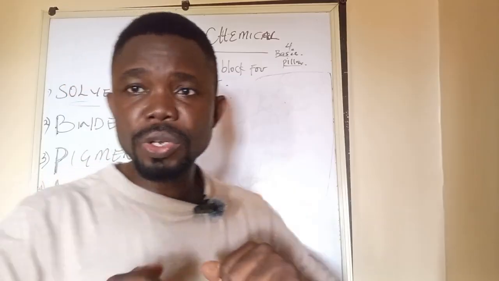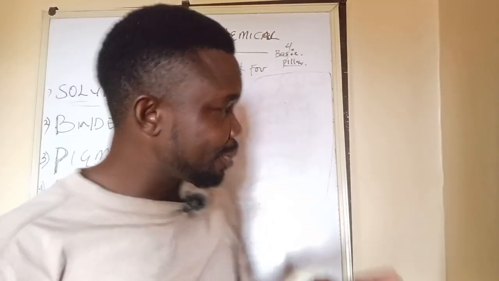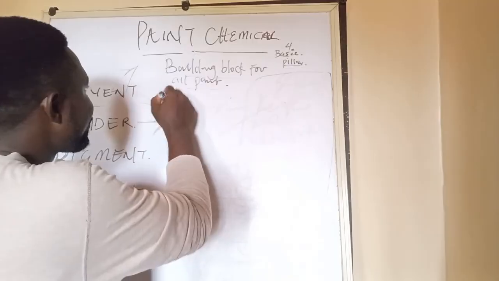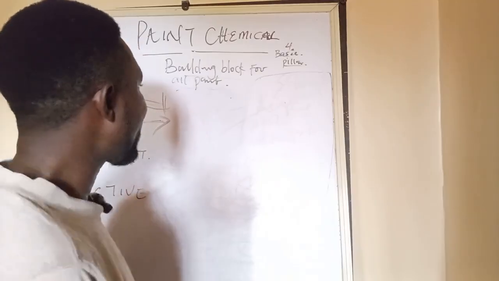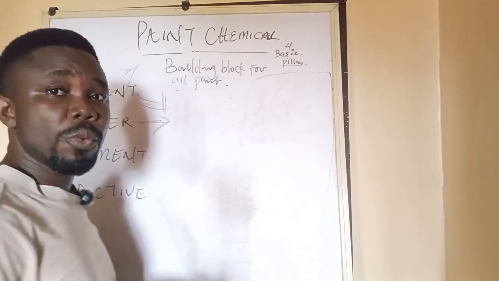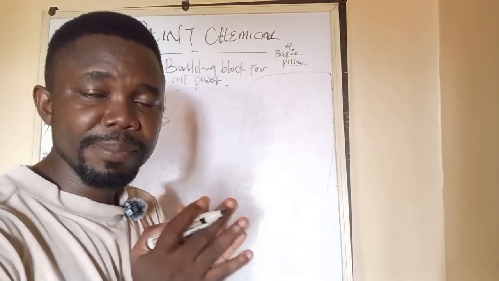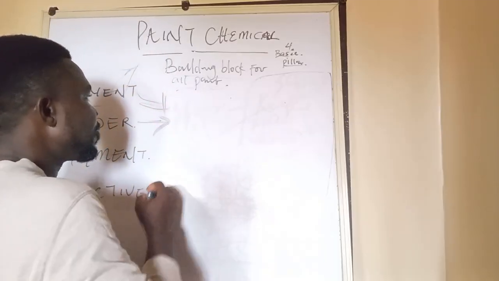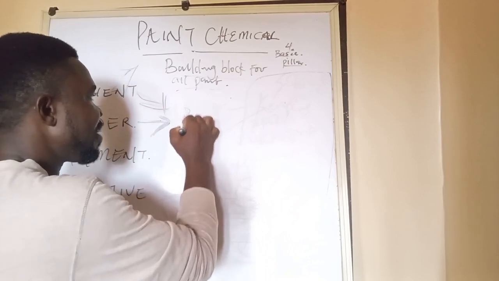You are putting a force to pull them apart so that they can spread themselves in this solvent. We call it dispersion. So what holds them together and keeps them in their dispersed state is called binder. Now we have two types of binder.